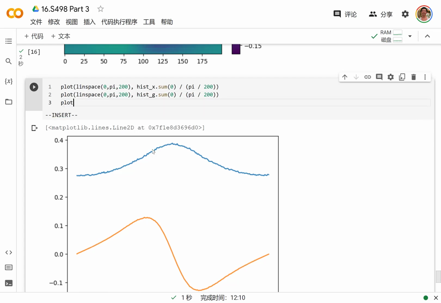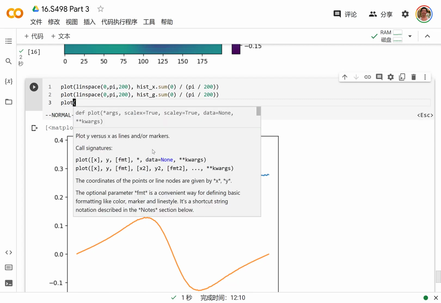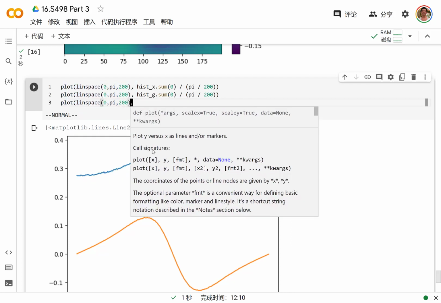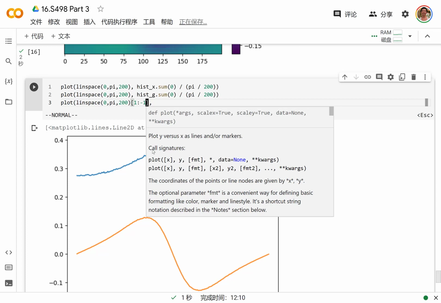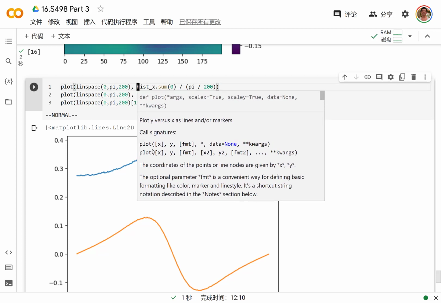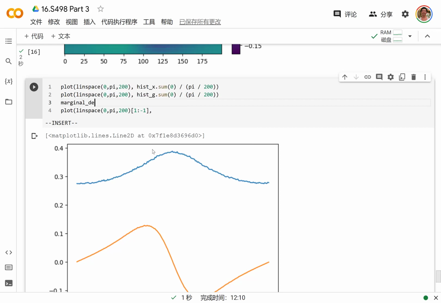So if you actually plot, let's do a central difference, for example, of the density gradient using, let's say, marginal density is equal to this, and marginal density 1, actually 2 if I want to do central difference, and divided by 2 times the spatial extent, which is 2 times pi divided by 200, right?